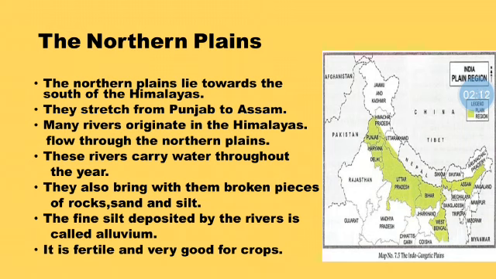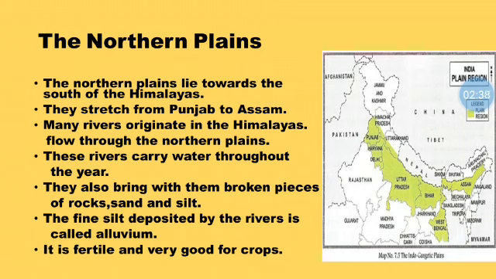So when these rivers flow, they bring along with them broken pieces of rocks, sand, and silt. Children, now what is silt? Silt is created when the rock is eroded or worn out by the weather conditions like rain, sunlight, snow, storm, wind.